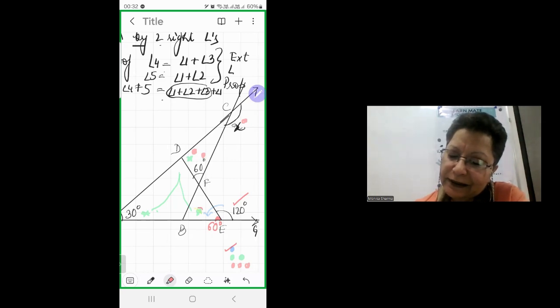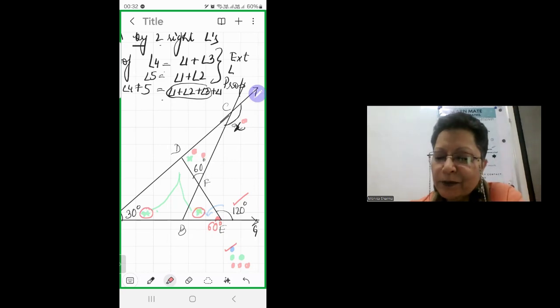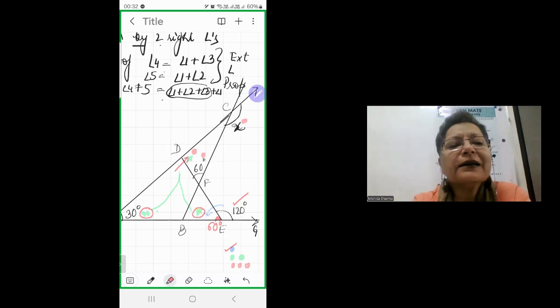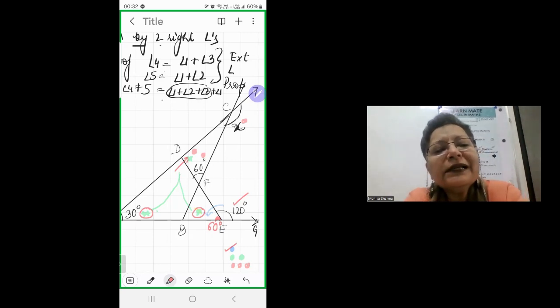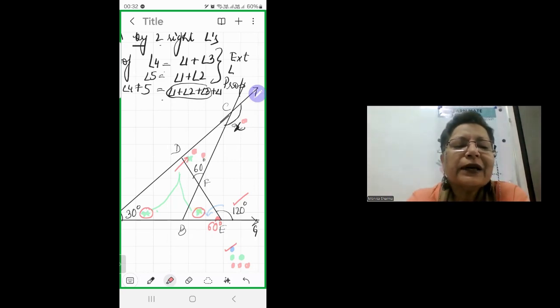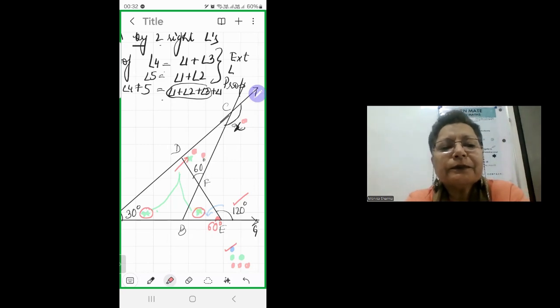This angle here and this angle here are the interior opposite angles to this exterior angle, which I marked as green. And so this 60 and 30 together are going to give me a 90 degree angle, angle DCE.